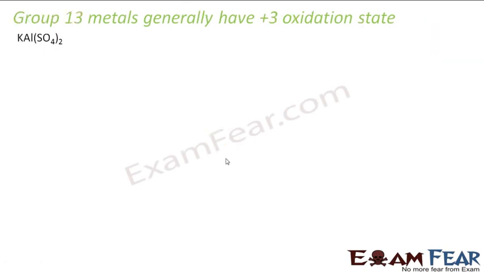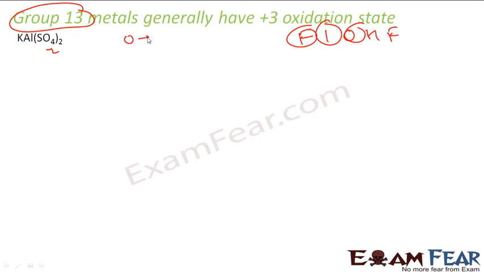Correct. Let's take the scenario where we apply this +3 rule. The group 13 elements have the +3 oxidation state. KAl(SO4)2. Here let's apply the same thing. Free element we can't use, it's not a free element. Ion we can't use. Oxygen we can use. Oxygen is -2.